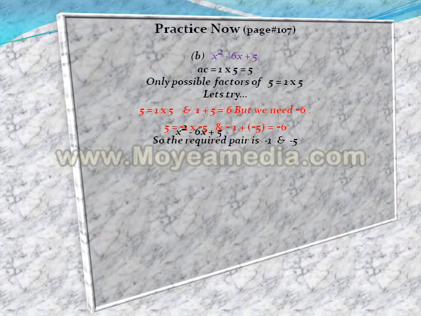So 50% of the work is done. So here is the factorization now. We just broke the middle term, minus 6x, with this pair. As I said, there is no hard or tough time from now onward. Just simply write it down with the pair we have already decided.